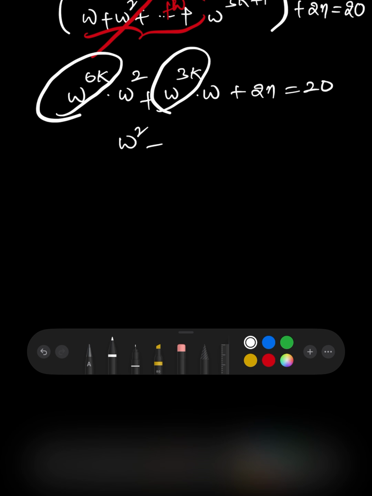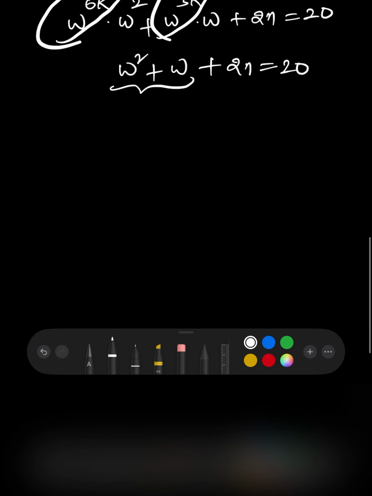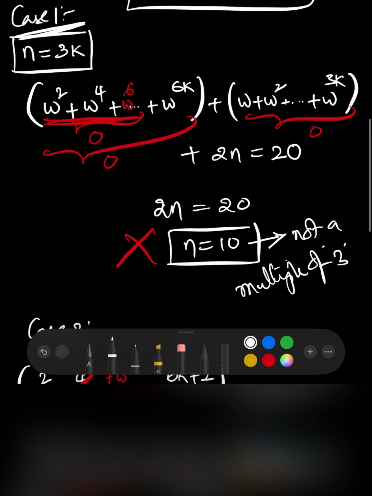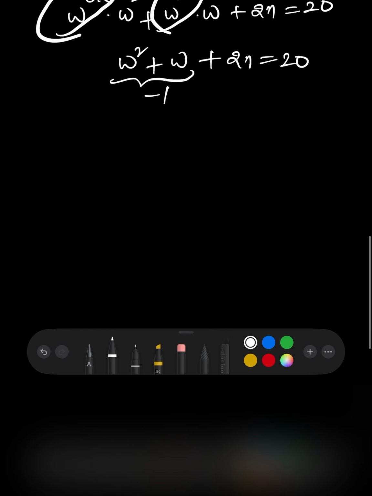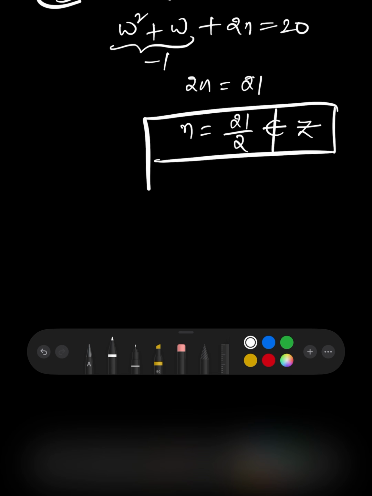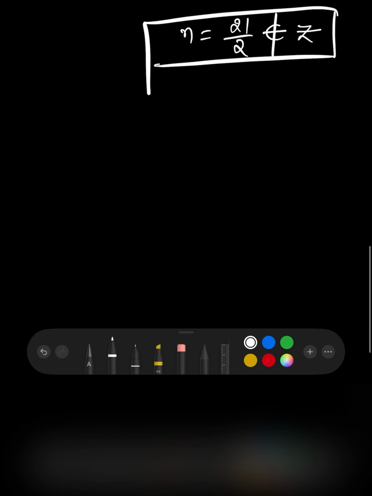Finally we are left with omega square plus omega plus 2n equals 20, and omega square plus omega is nothing but minus 1, as we know that 1 plus omega plus omega square equals 0. So 2n equals 21 and n equals 21 by 2, which is not a positive integer. So case 2 is also not satisfied.